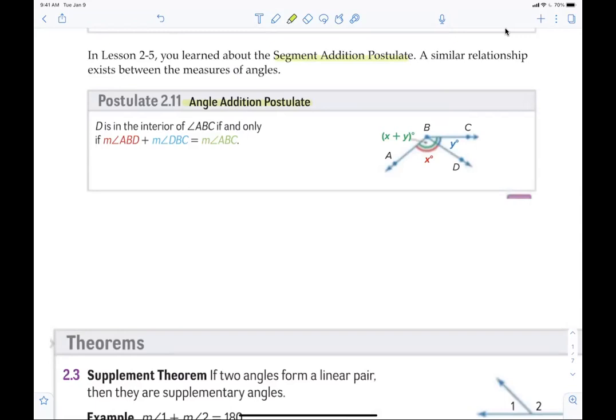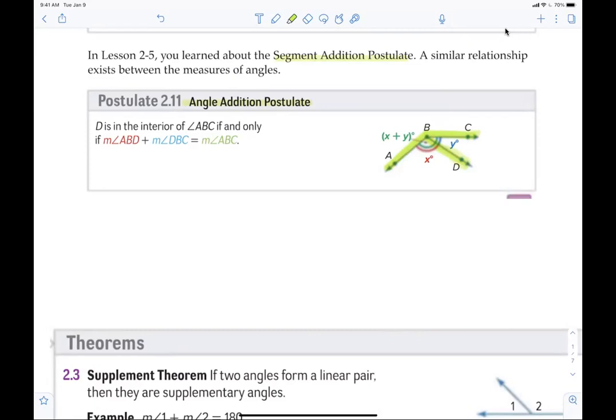So in this case, angle ABD plus DBC equals ABC. That's the angle addition postulate. And again, I remember arguing with my teacher, like, you can't prove that, really?